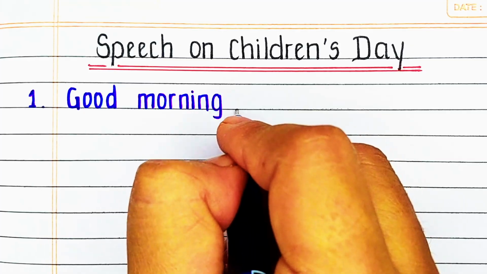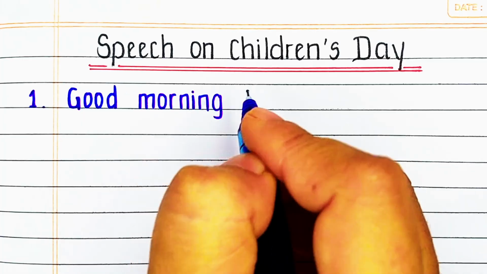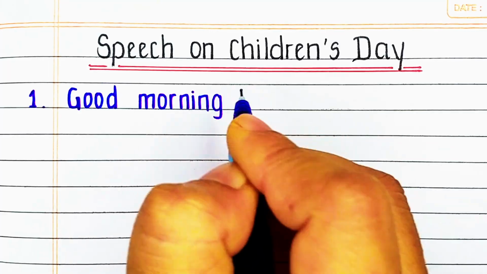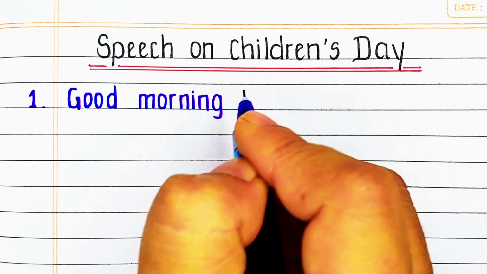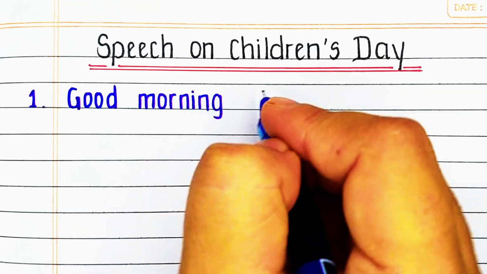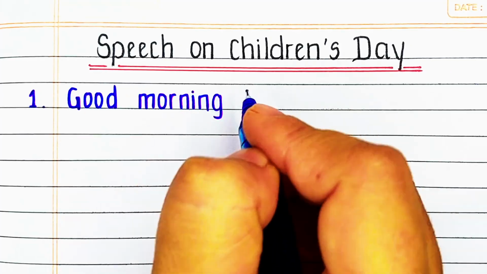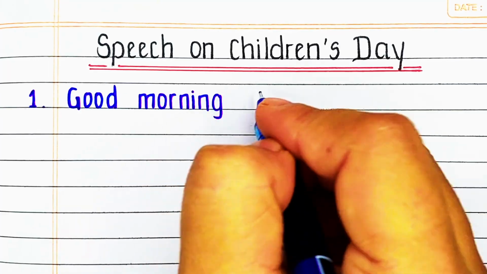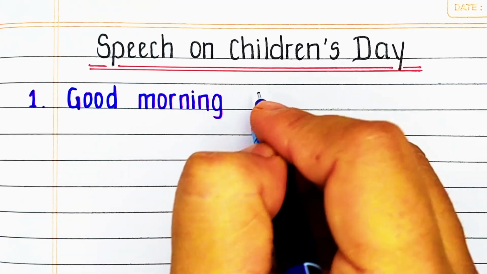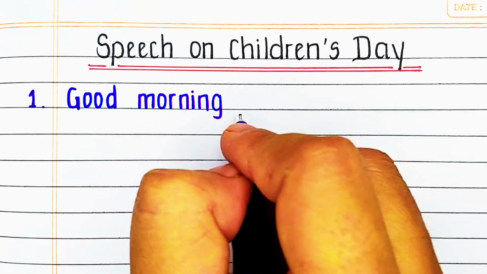Sixth line is: We call him Chacha Nehru because he was like a loving uncle to all children. Seventh line is: On this day, we remember that we are the future of the country.